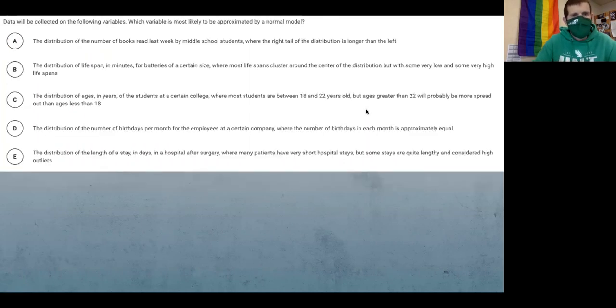All right, here, I'm not going to go through all these answers, but essentially what's best approximated by a normal model, you just want to look for something that's going to be unimodal. You already know what the normal model is, but you want it to be unimodal, symmetric. You want to have no outliers, no skew, so symmetric, like I said.